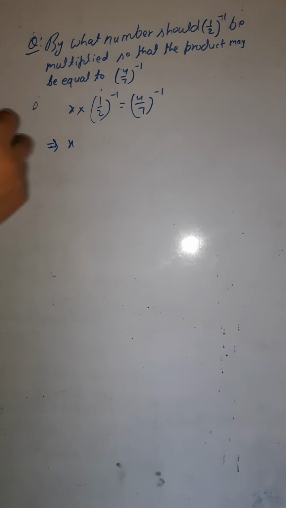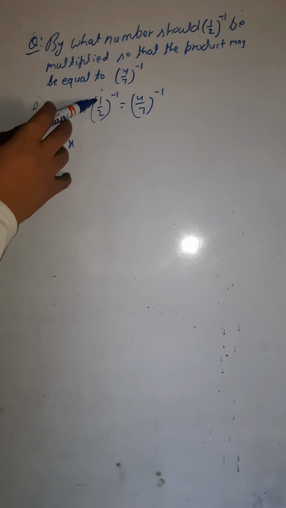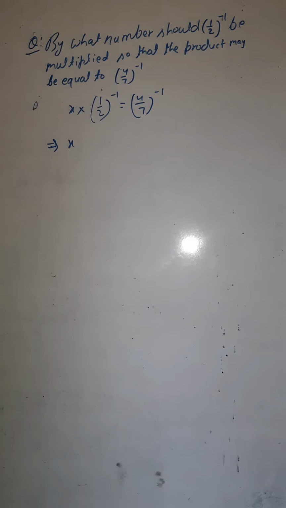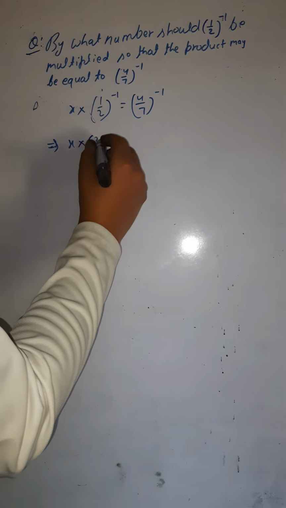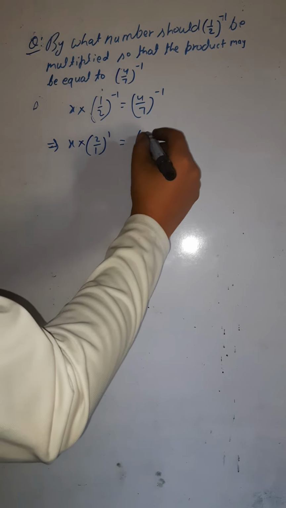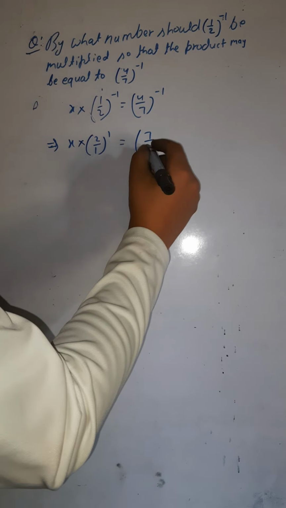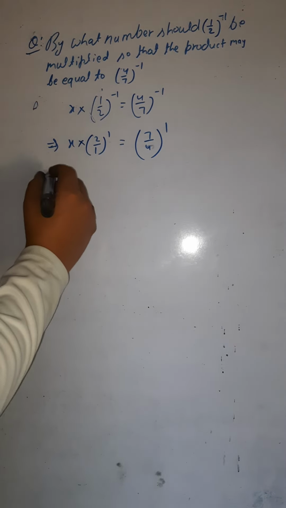Now if you see, the power is negative here, it would become positive if I write the reciprocal of the fraction inside. If I write this 1 by 2 as 2 by 1, the power would become positive. Similarly here also, if I write this 4 by 7 as 7 by 4, the power also would become positive here. Now just solve this.